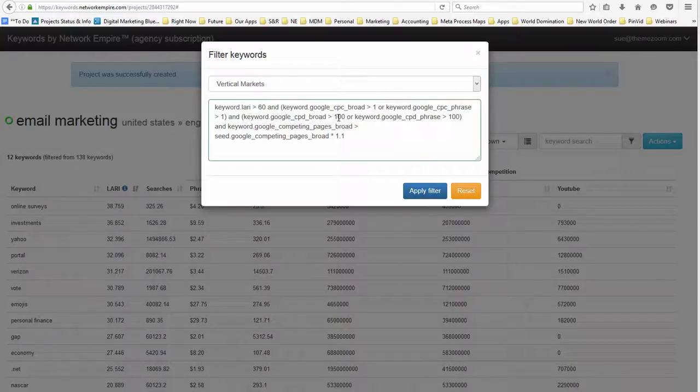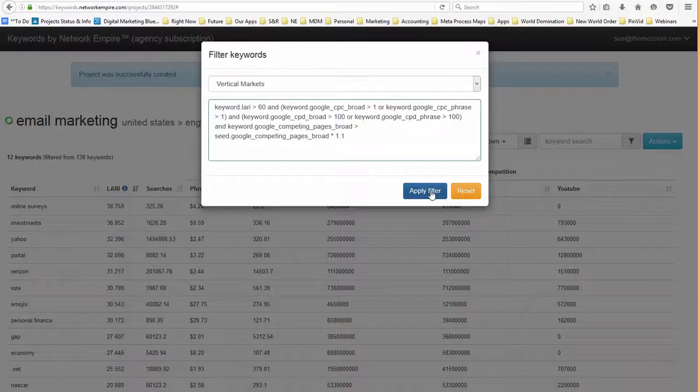So there's a bit of value and quite a few searches. We're also looking at the competing pages as being at least 10% larger than the keyword we just drilled into. You can multiply this a lot of different ways, but this gives you a basic idea of keywords that are going to represent markets that are larger than your root term.